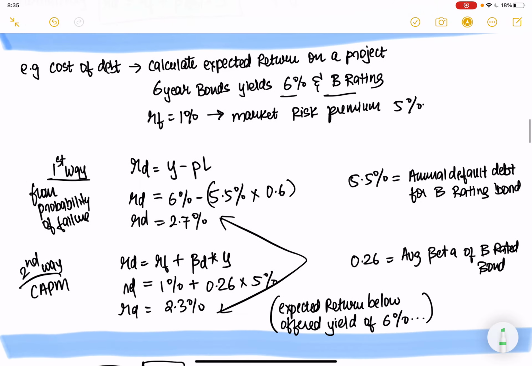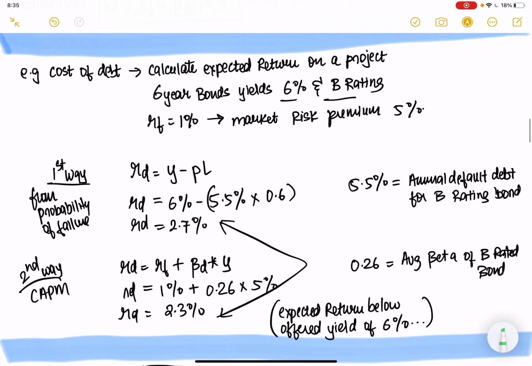All right, so let's take an example again to make it all real. So cost of debt, right? If you want to calculate cost of debt on a given project, let's say you have a 6-year bond yielding 6% with a B rating, and you have an investment that is similar to that, the risk-free rate is 1%, and the market risk premium for this investment is 5%. So if you want to find out debt cost of capital, you do RD equals Y minus PL.